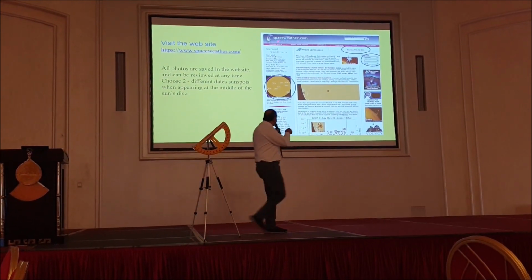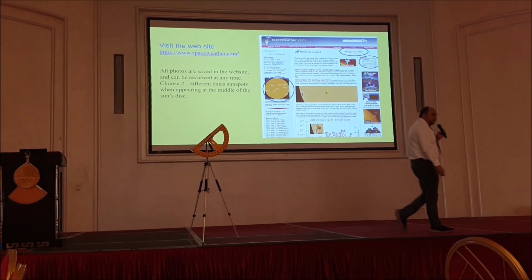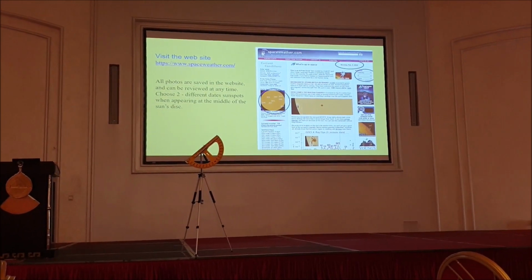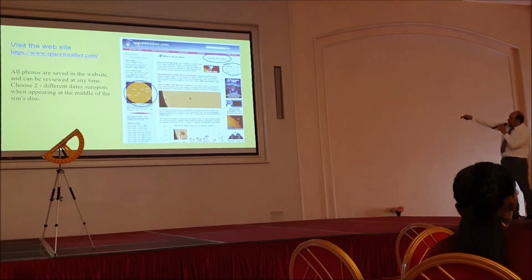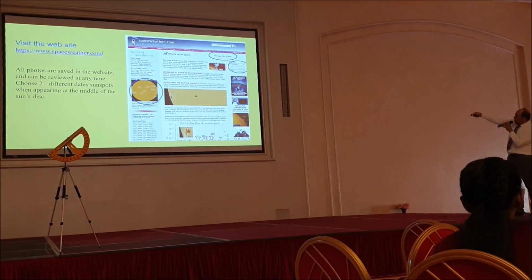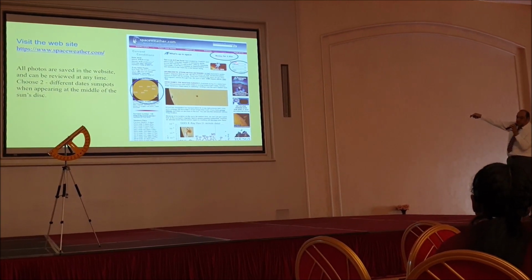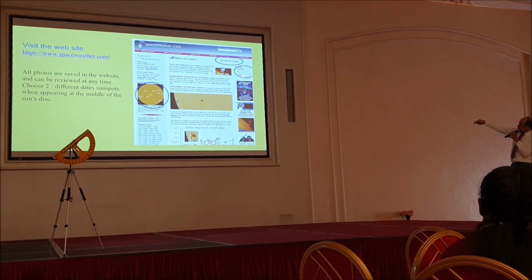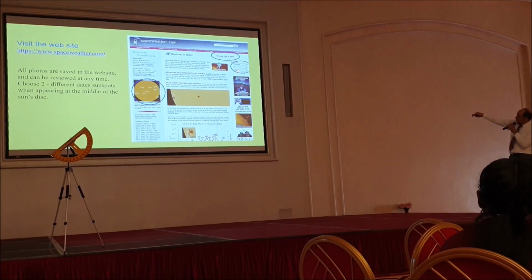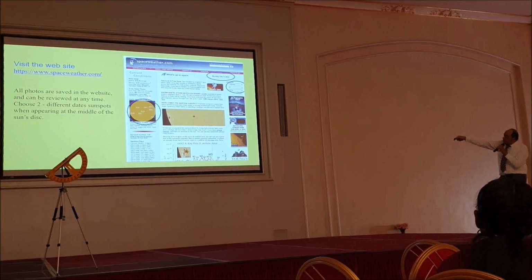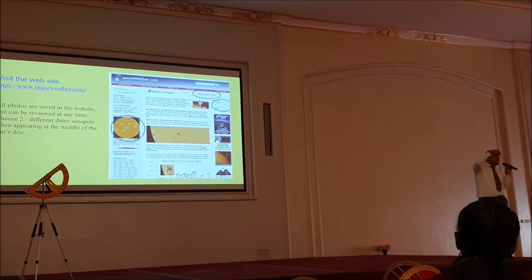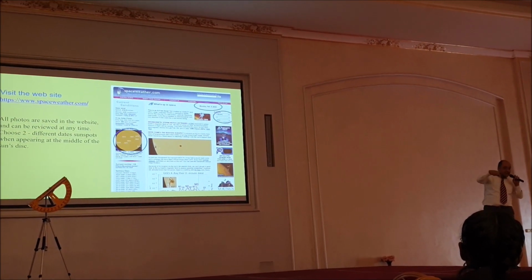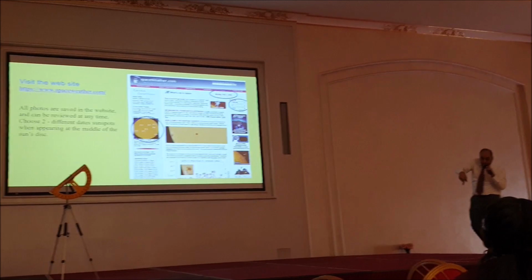Now, what are we going to do? Open the website called spaceweather.com. I'll send you all the material and literature. When you open this website, you will find the date, here February 5, 2021. You will see this window, which shows today's image of the sun.